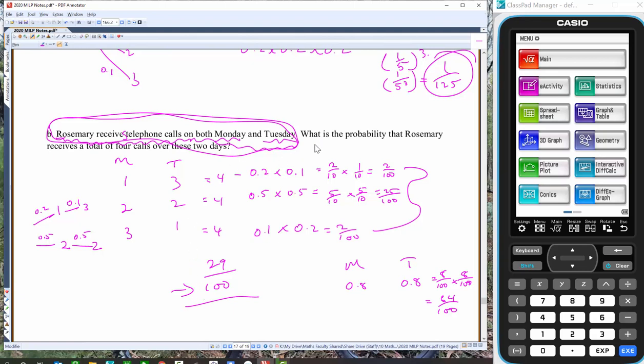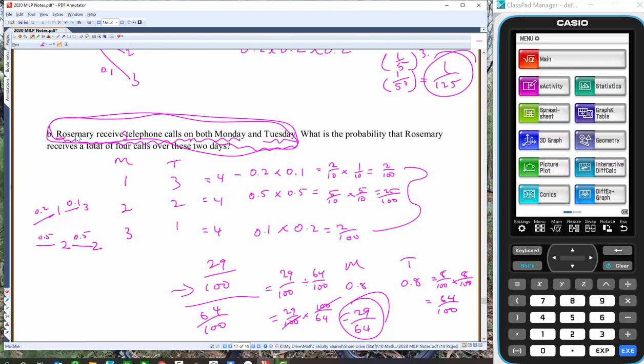So this is the chance of her getting a total of 4 calls over the 2 days out of 64 over 100. So what's that going to be? It's 29 over 100 divided by 64 over 100, which is 29 over 100 times 100 over 64. Cancel, cancel: 29 out of 64. So roughly 0.5, or a 50% chance of her receiving a total of 4 phone calls over those 2 days.